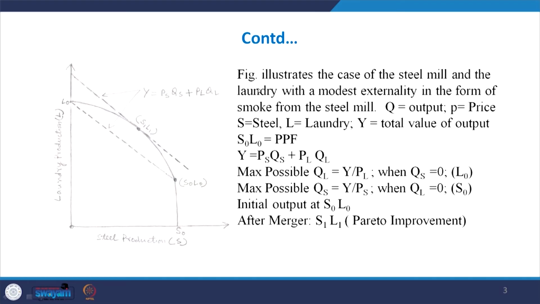We have a production possibility frontier L0 S0, which shows the maximum possible output that can be produced with the available resources, and we have the income equation y equal to Ps Qs plus Pl Ql, and here you can see that after merger the equilibrium point shift from S0 L0 to S1 L1, that is Pareto improvement.